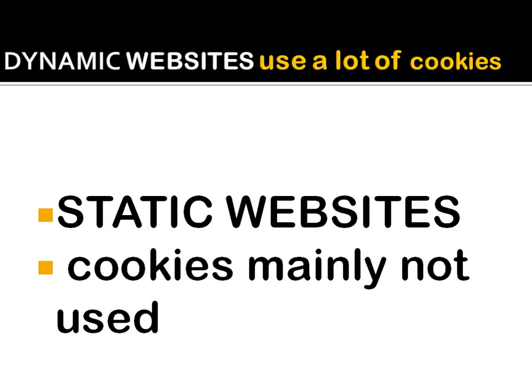In case you want to type a word like emulates, when you type EMI, other words of the same writing will appear. So those are cookies, which are not visible in static websites. In static websites, cookies are mainly not used, and may not even show up.